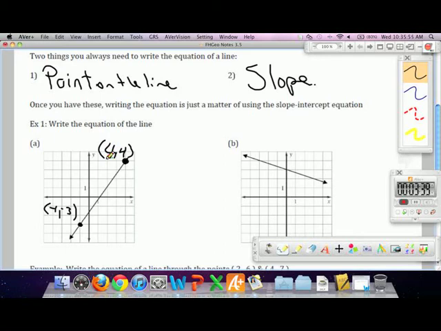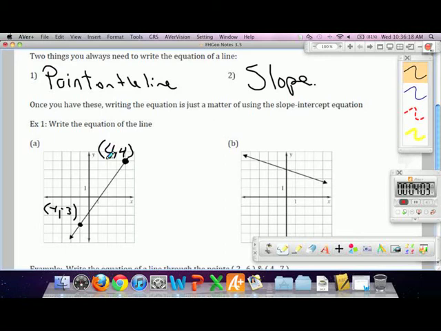So if I want to write the equation of a line, I need to have each of these. I definitely have a point. In fact, I have two points, which is fine. But I need to know what the slope is. Well, I didn't tell you the slope, but you should be able to calculate it. You can either count rise over run from here to here, since it's graphed, or you can use the slope formula, whichever you choose.